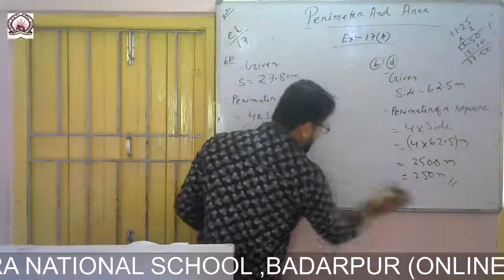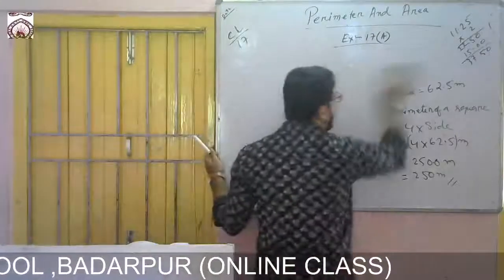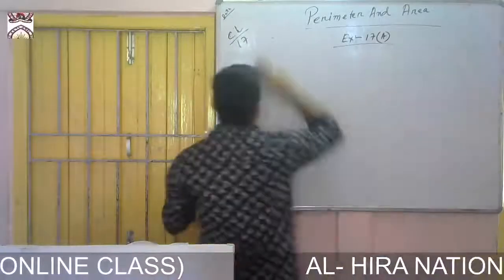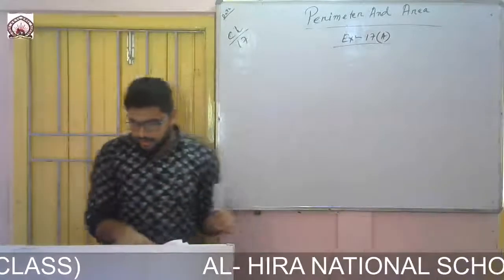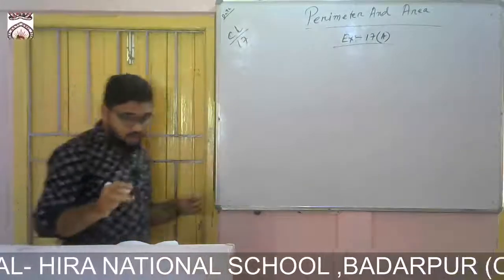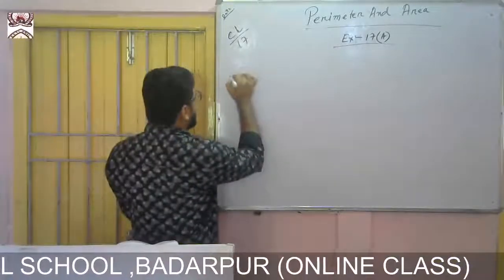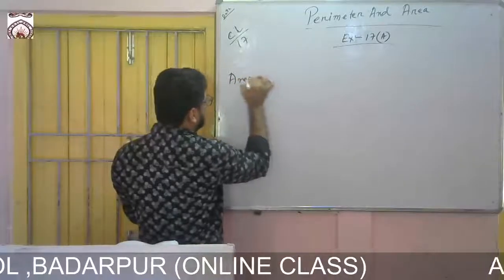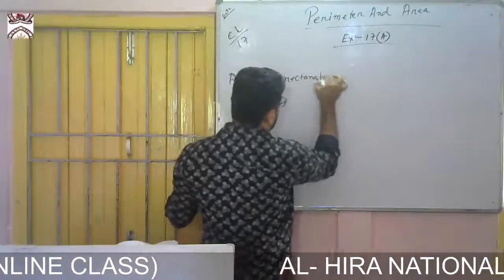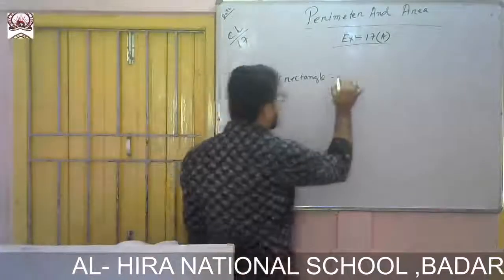Now we need to write two formulas again. Earlier we found the perimeter of a square and the perimeter of a rectangle. Now we will be finding the area of a rectangle and the area of a square. The formula for the area of a rectangle will be length into breadth.